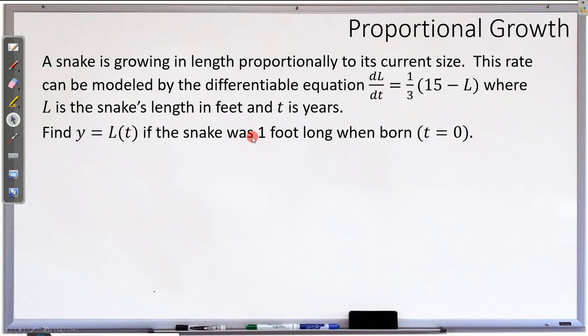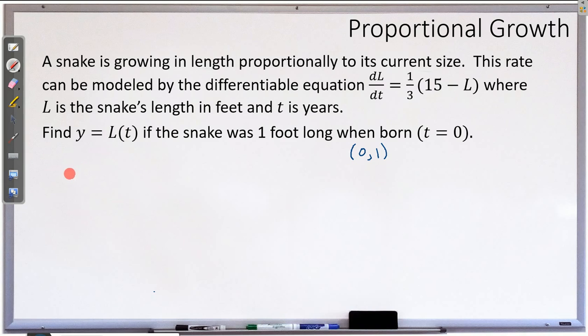If the snake was 1 foot long when it was born. So what that is doing is simply giving me the point (0, 1) to plug in eventually. That is the length and that is the time. Time is our input. And so what I simply need to do is find this as a function of L and t.